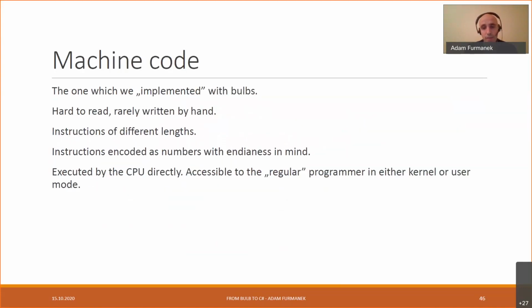Then we do have machine code. This is the code which we wrote using our bulbs. So this could be seen as the composition of gates which we constructed initially during this talk. Machine code is different from assembly language, because machine code needs to be even more specific. In assembly language, you just say, hey, add these two registers.